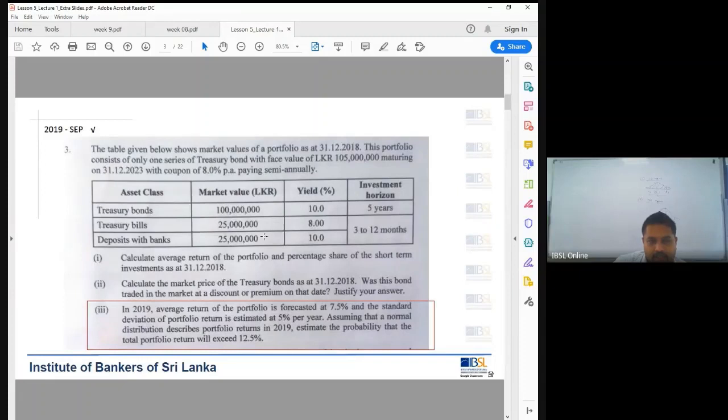Then at question number 3, last part, we have seen the application on the confidence, not the confidence interval estimation, rather the interpretation of the Z by using the mean and the standard deviation, and calculating whether your particular probability of interest will exceed or be below a particular range, a kind of question tested in 2019 September. Third question, last part, has come with the portfolio theory. So the other questions you can attempt when we complete the portfolio theory.